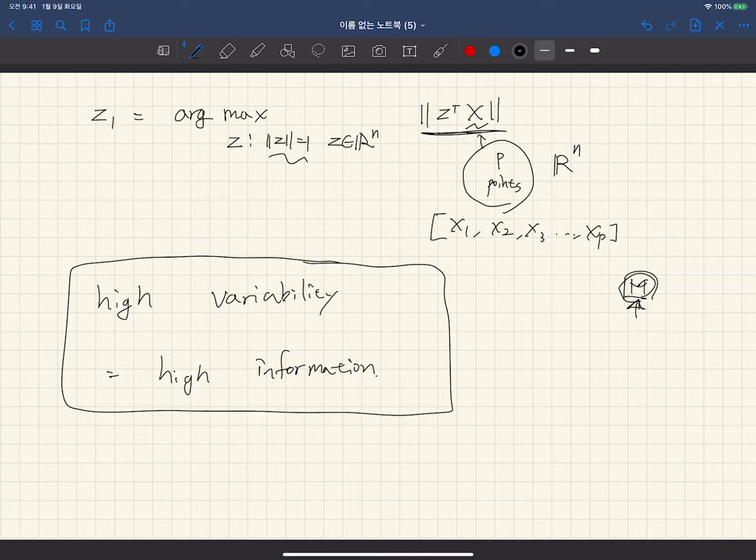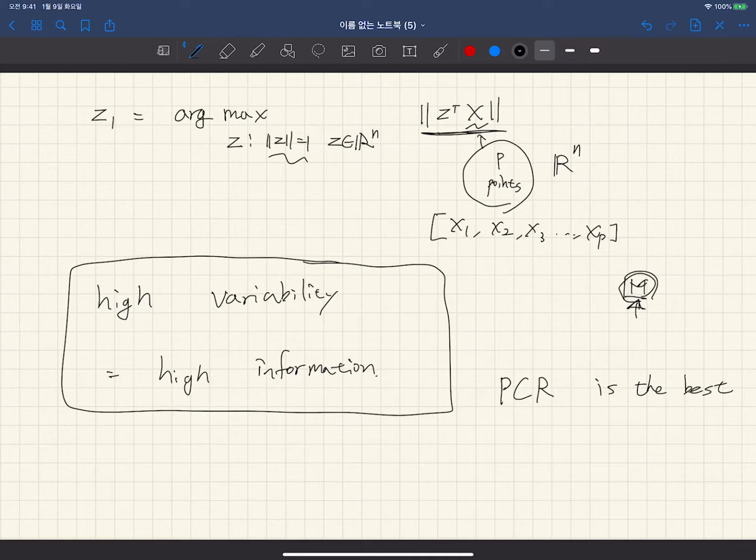If this is true, principal component regression is the best, because the principal components are the most variable directions.